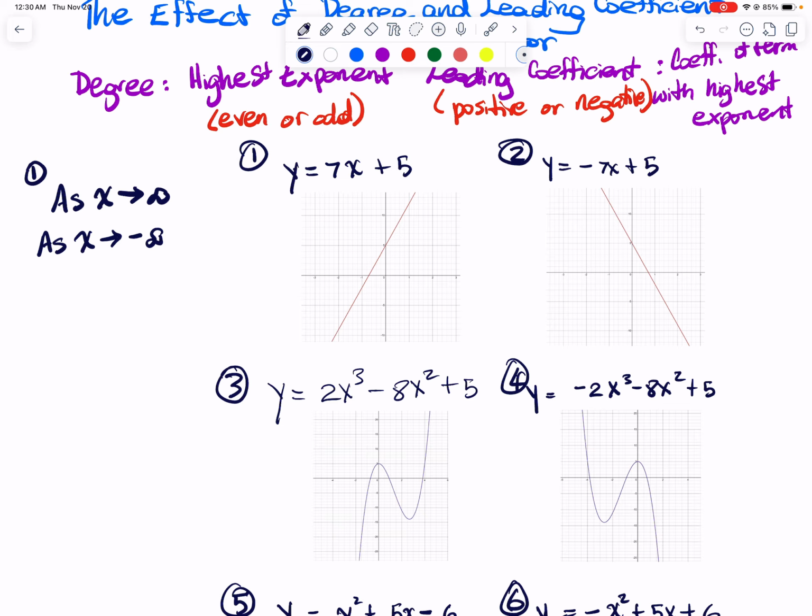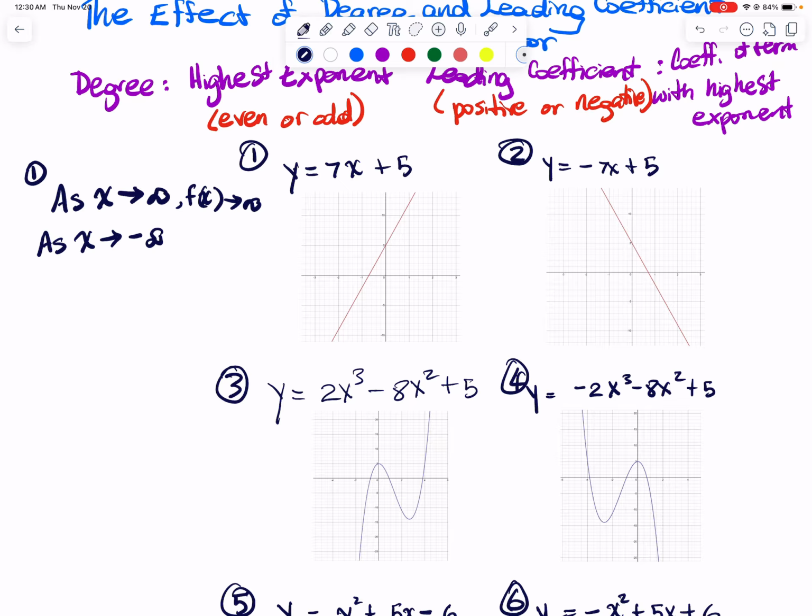So as we look at our first graph, number 1, as x goes infinitely to the right, notice that the function or the graph, which is that red line here, is also going up. So f of x is going up. And so we would write that f of x approaches infinity as well, since it's going up.